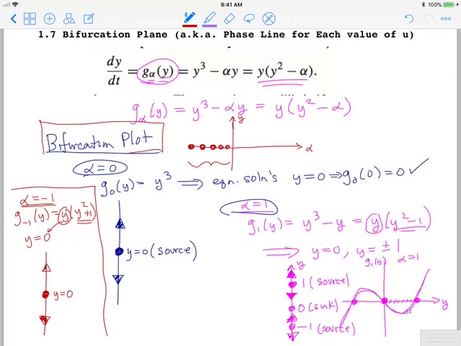And for each value, the arrows would be pointing upward and upward and upward, even when the y value is less than 0, the arrows are pointing up also. So that's what we get from the alpha being negative case.